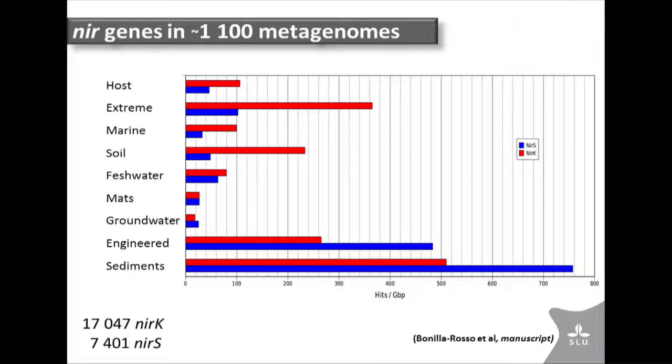And we can see that the nitrite reductase genes seem to be very abundant in engineered systems, and this is mainly wastewater treatment plants and sediments, and it's completely dominated by sediments, wetland sediments here. When people are doing metagenomics and find nir genes, it's often interpreted as denitrifiers being present in the system, but that might not always be the case, and I will come back to that at the end of the talk.